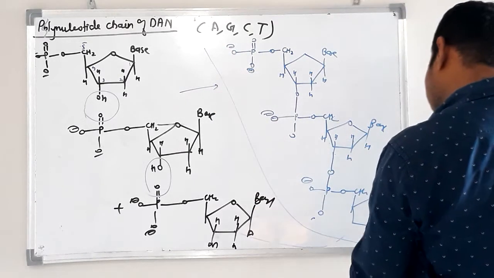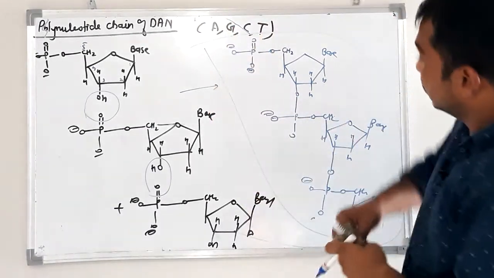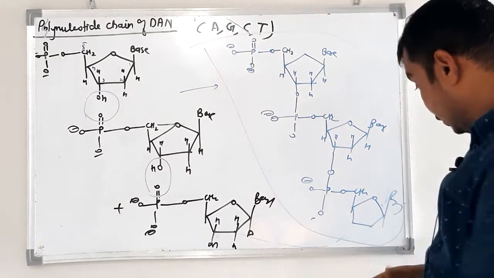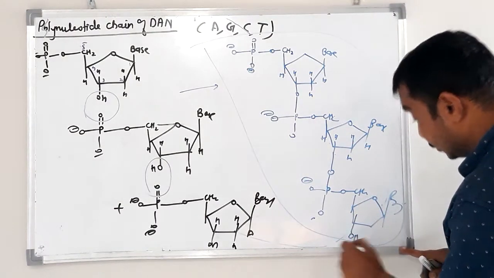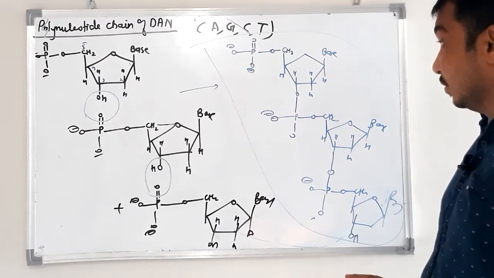So this is the structure of the polynucleotide chain. Here also this oxygen is going to attach at C3, this oxygen also going to attach at C3, and this is the polynucleotide chain.